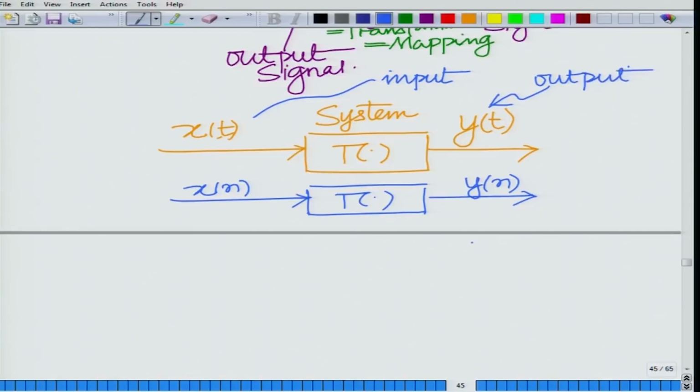This precisely characterizes the input output relation, and gives a mathematical model for it, that is, given an input signal, what is the output signal.